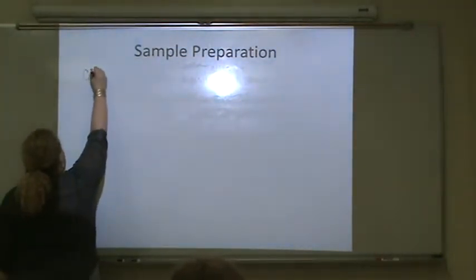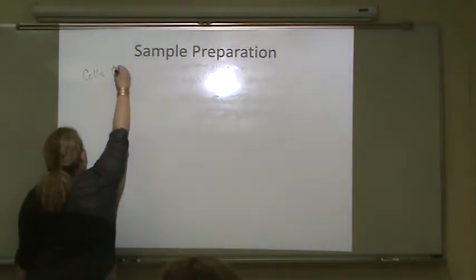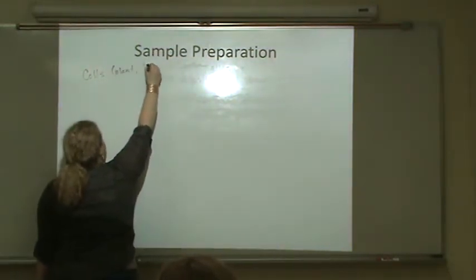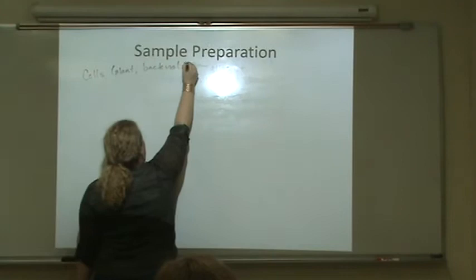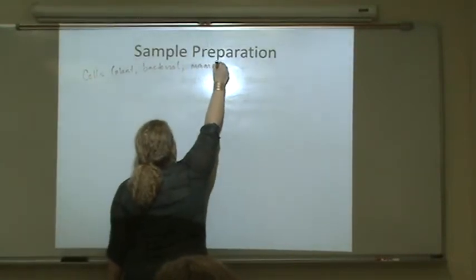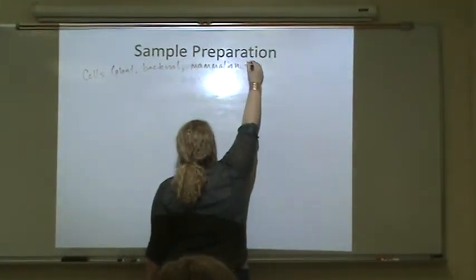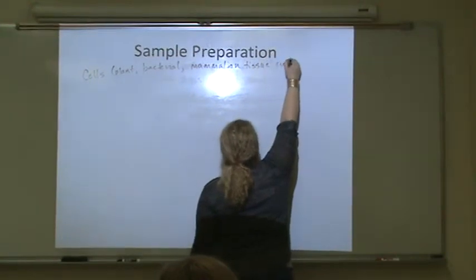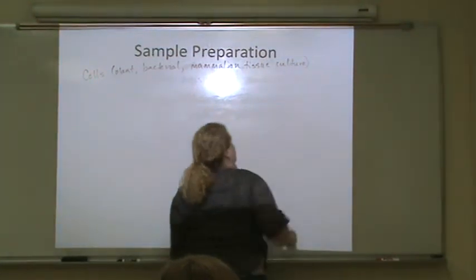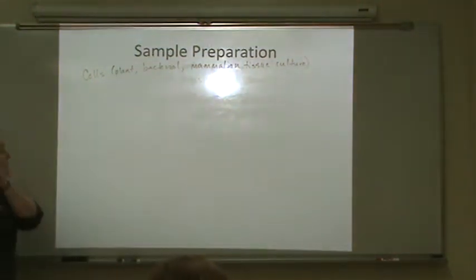So generally, you will be taking some type of cells. They could be plant, they could be bacterial, they could be mammalian tissue culture cells, and we'll have a separate day about tissue culture methods later in the semester.